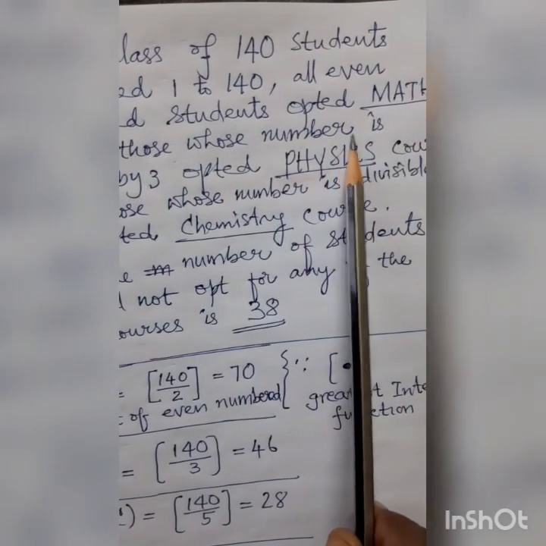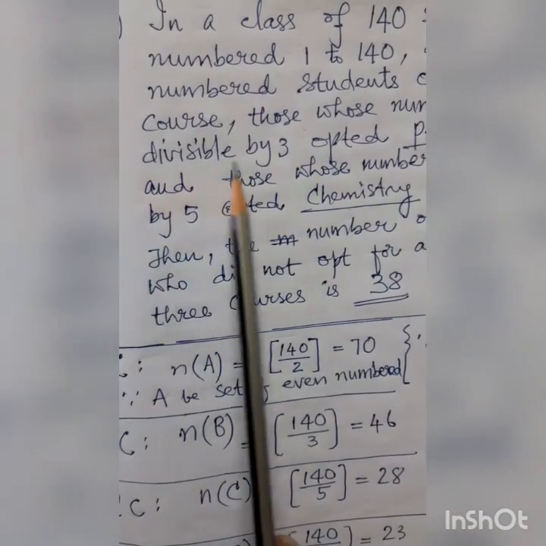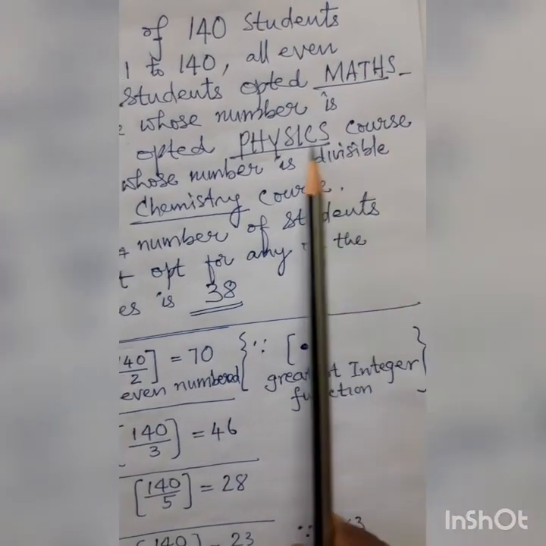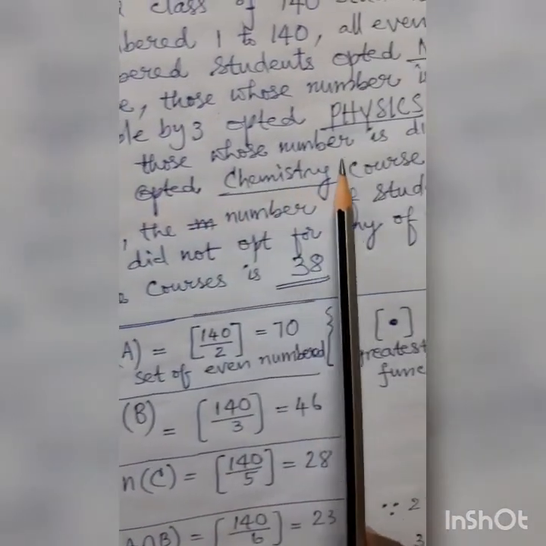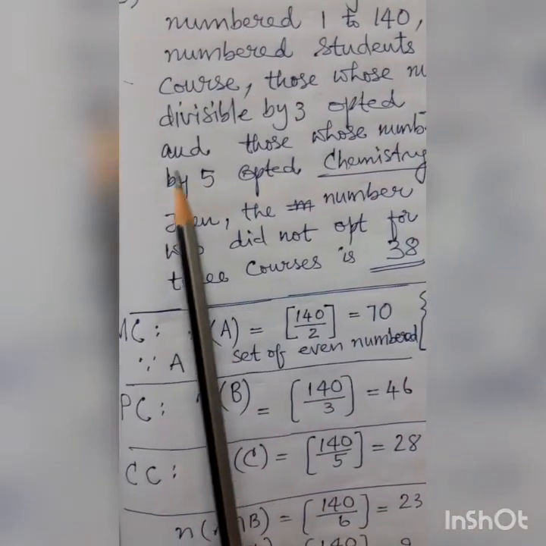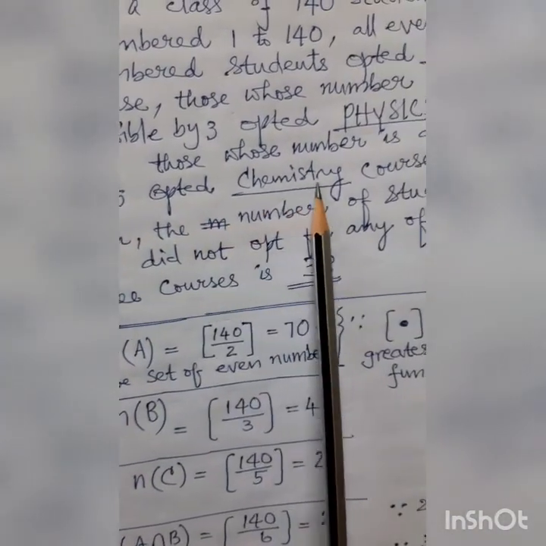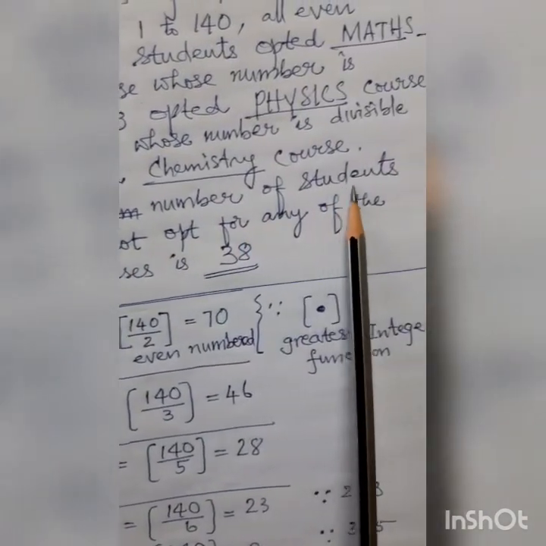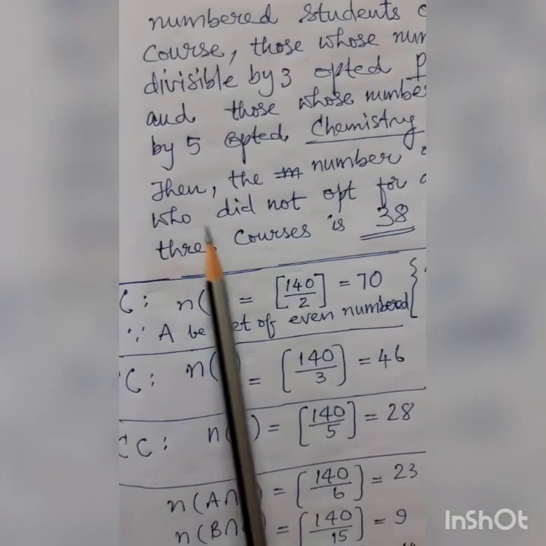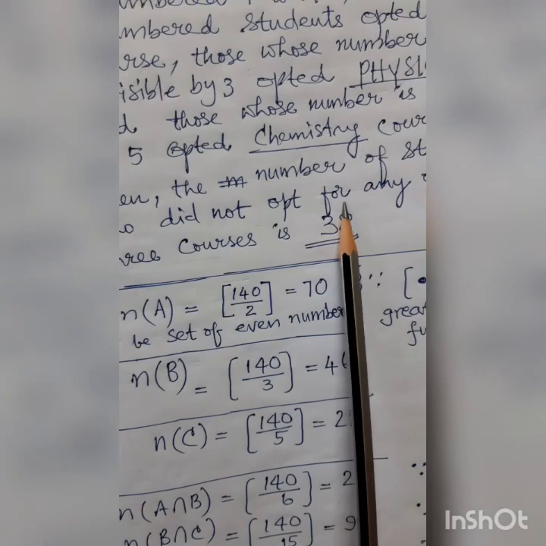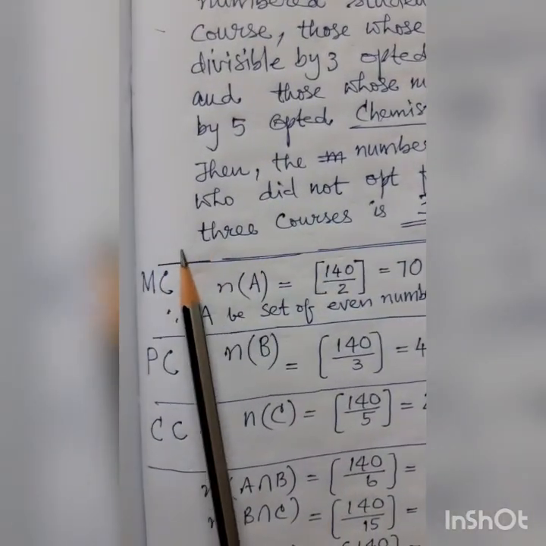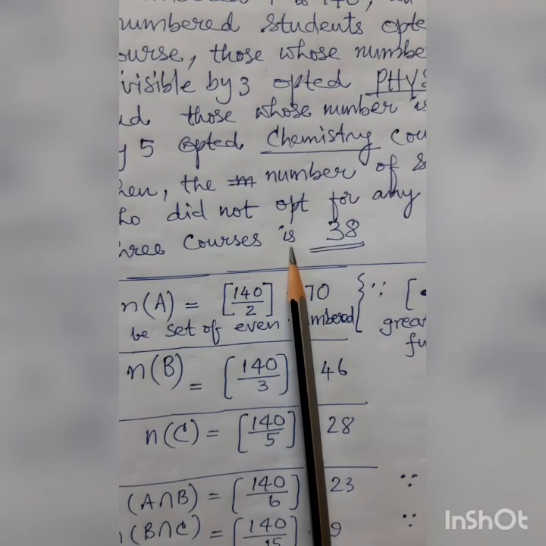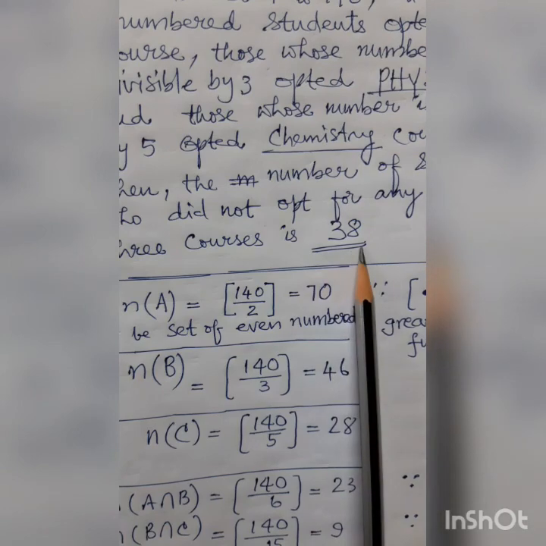Those whose number is divisible by 3 opted for the physics course, and those whose number is divisible by 5 opted for the chemistry course. Then the number of students who did not opt for any of the 3 courses is the right option. The right answer is 38.